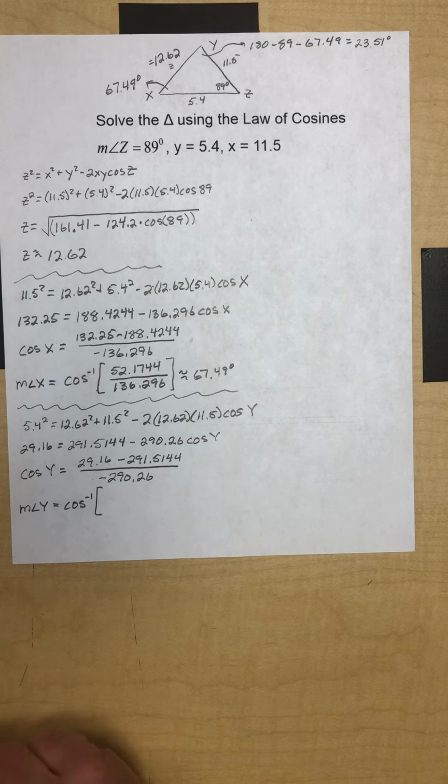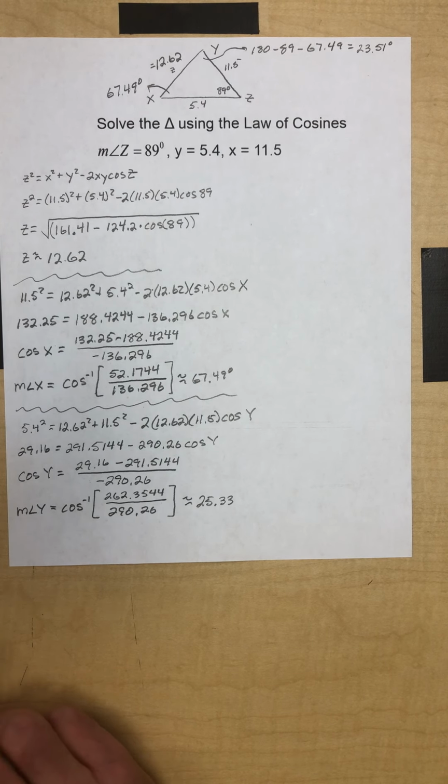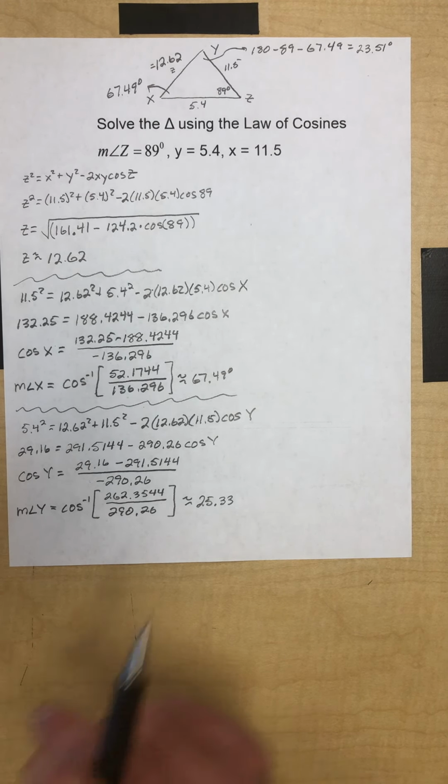That's not even close. We're not even in the same ballpark. Okay, so let me check this up here to make sure I got the right thing. First things first, 180 minus 89 minus 67.49. Okay, 23.51. So if this angle is correct, that's correct.